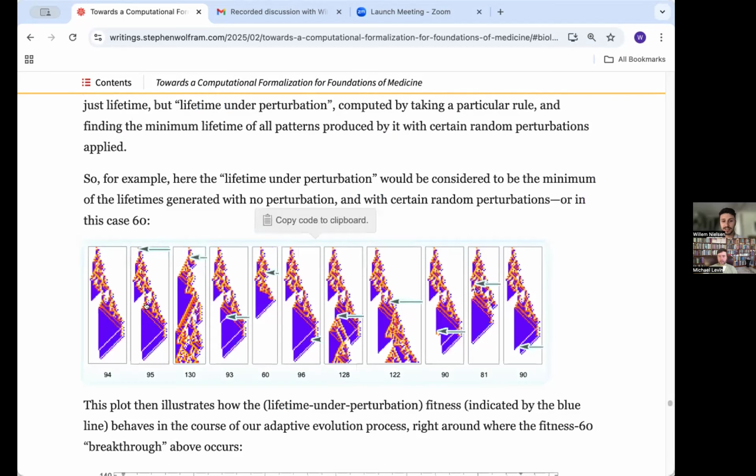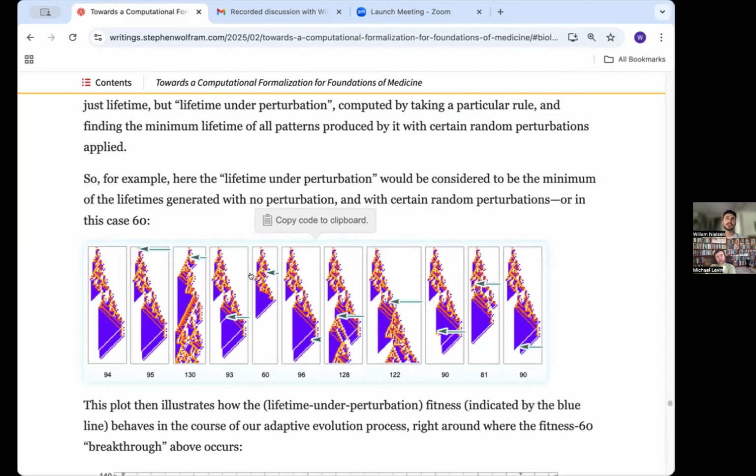This is an example of a single step of evolution, and then we take the minimum fitness. If you perturb it 10 times, then you take the minimum fitness. In this case it would be this 60 right here, and that's then the fitness. All that's doing is forcing the organism to be able to deal with perturbations.